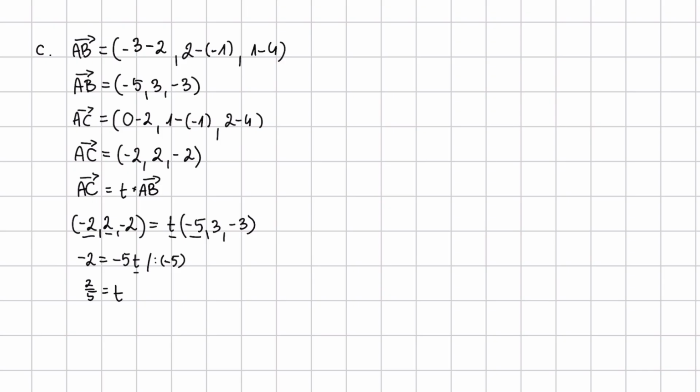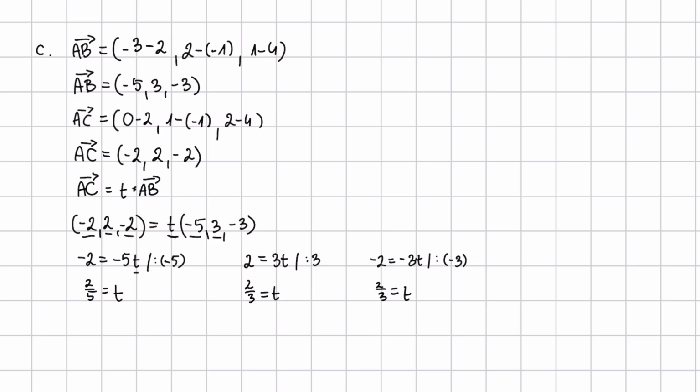Now the second coordinate, so 2 equals 3 times t, and in order to have t alone, we have to divide both sides by 3, so 2 over 3 is t. And the third coordinate, so -2 equals -3t, and we have to divide both sides by negative 3, so 2 over 3 equals t.